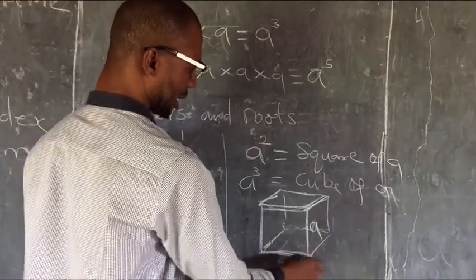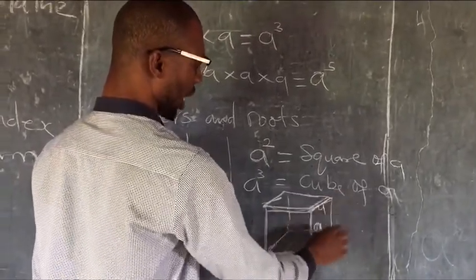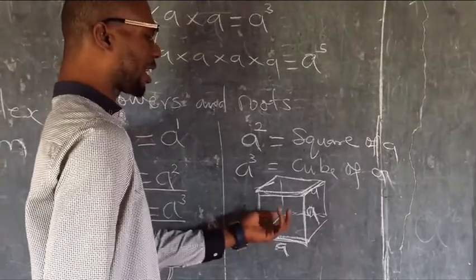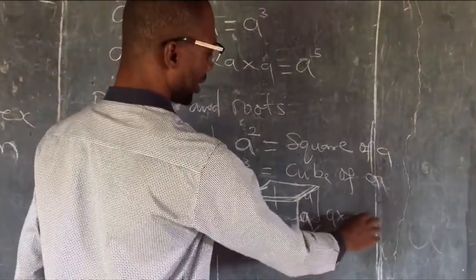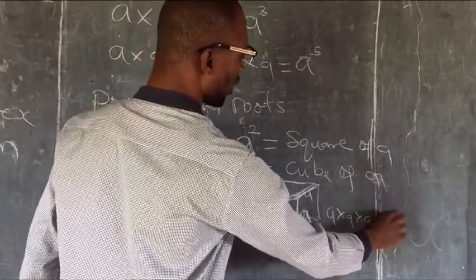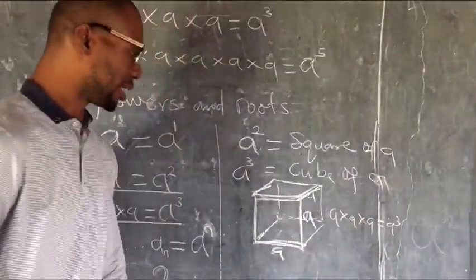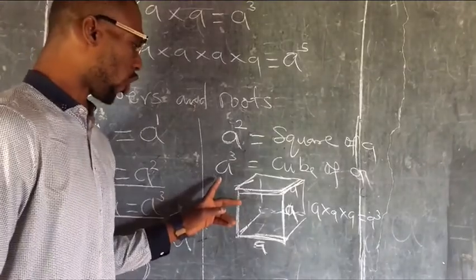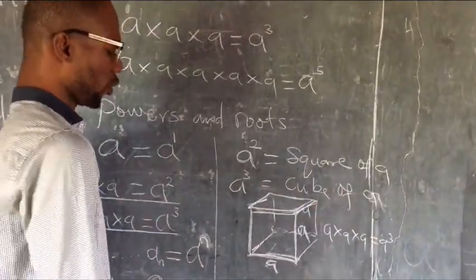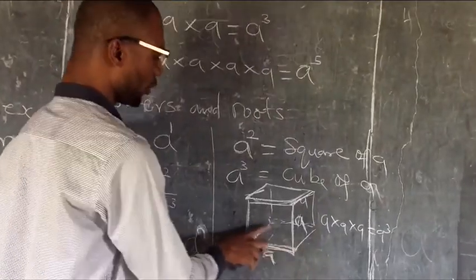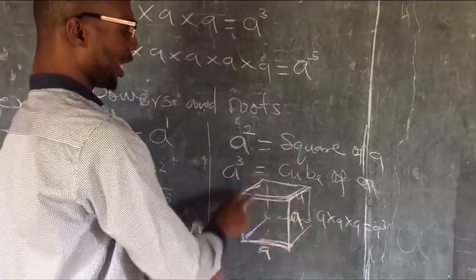So if I take the volume of this solid, I will get A times A times A. That gives me A raised to power 3. Now if we raise a number to power 3, we call it cube. If you raise one side of the cube to power 3, you get the volume of the cube.